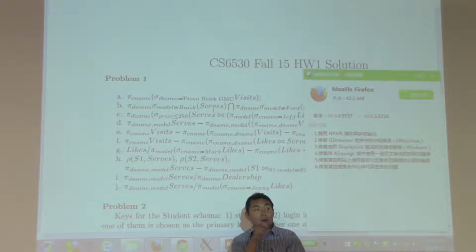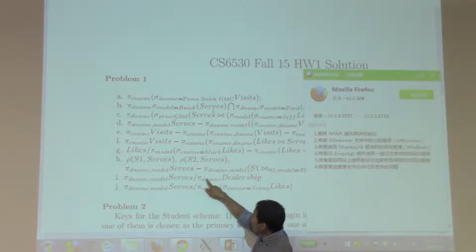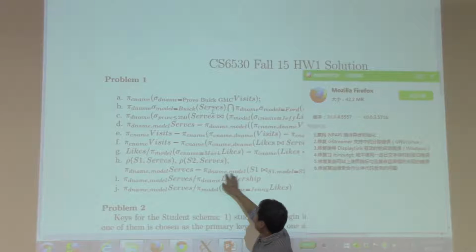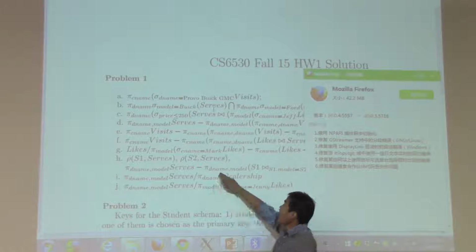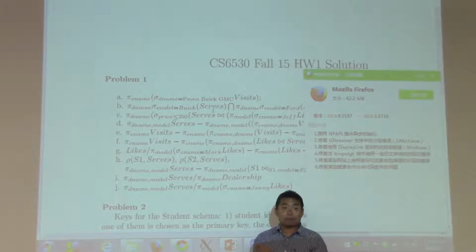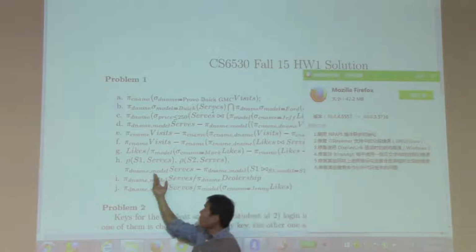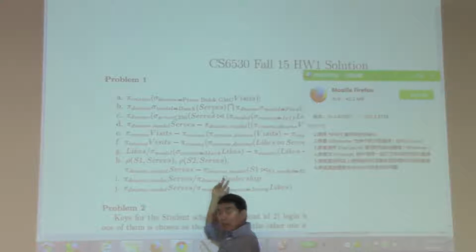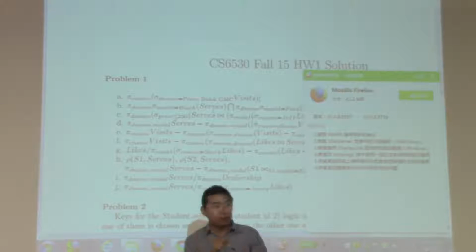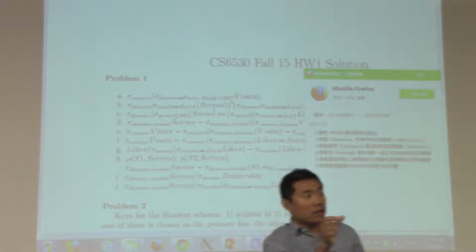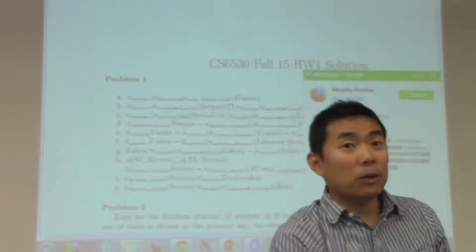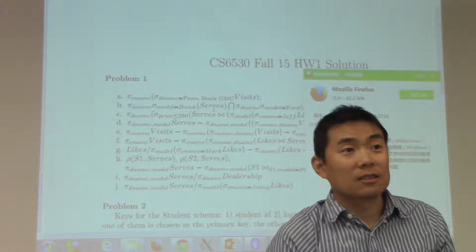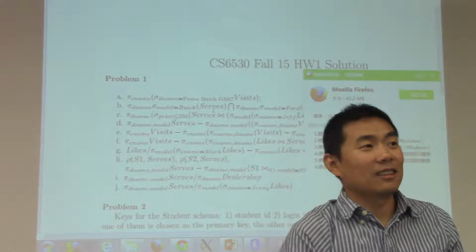So the critical observation is the dealership that does serve this model at the lowest price will not be in this output. Then you take all the combinations from served minus these. That precisely gives you the combination of dealer and model at the lowest price. Okay?